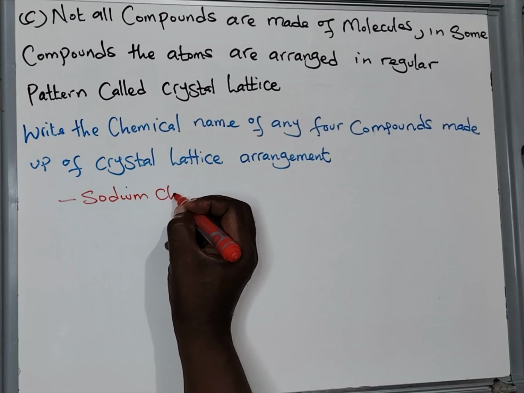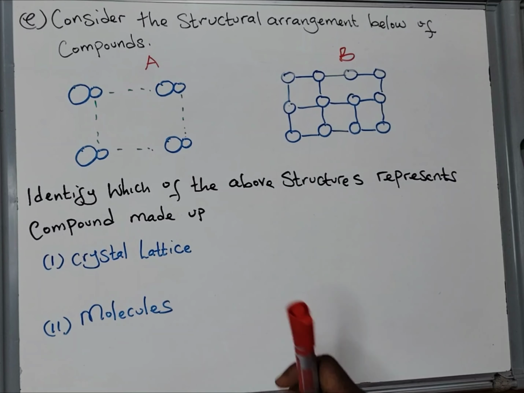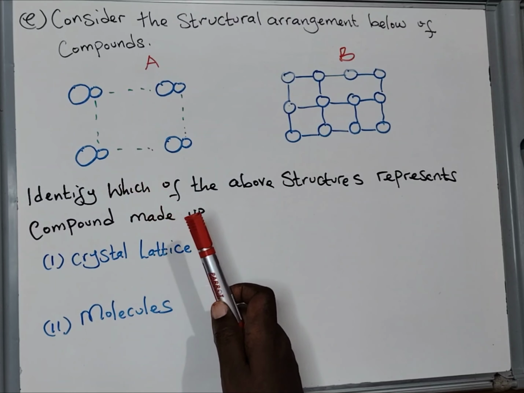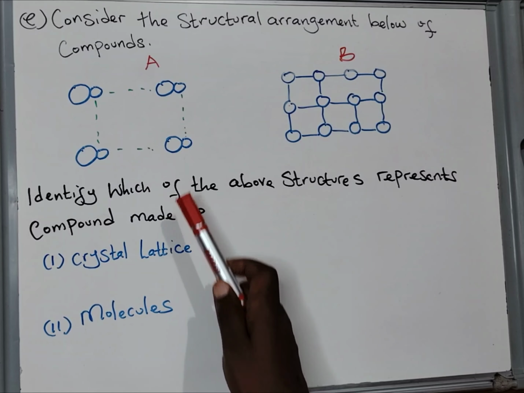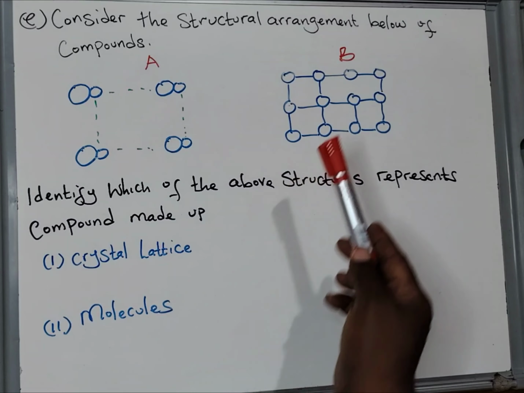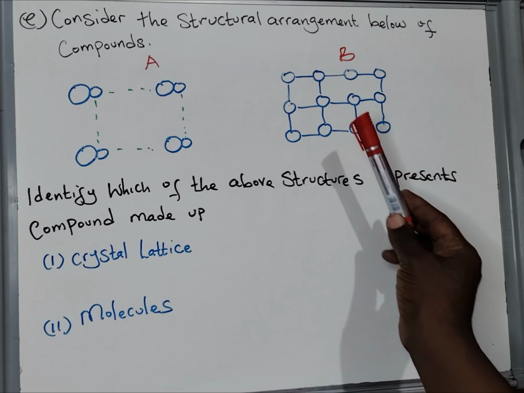Yeah. So comes this question. It says to consider the structure arrangements below. Okay, we have A, where we see clusters joined by intermolecular forces, then another cluster, then another cluster. Each of these clusters is a molecule. Then we go to B. What do we see in B?